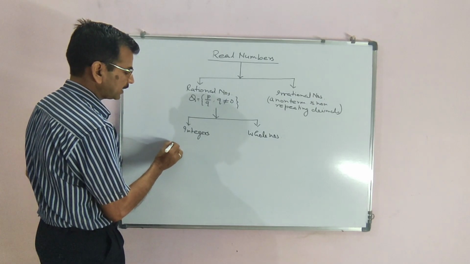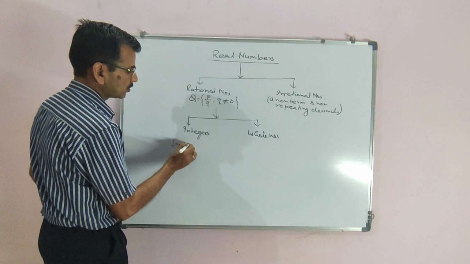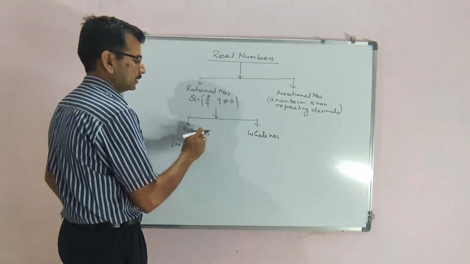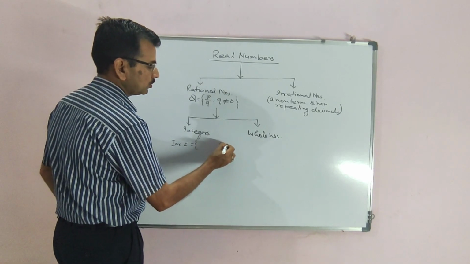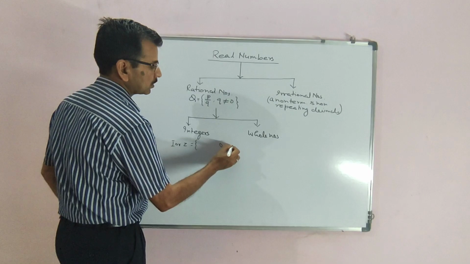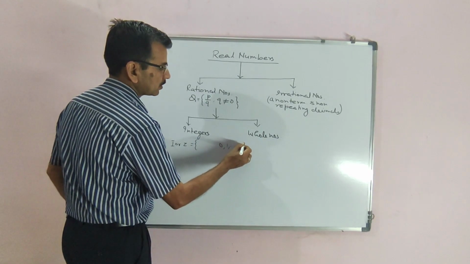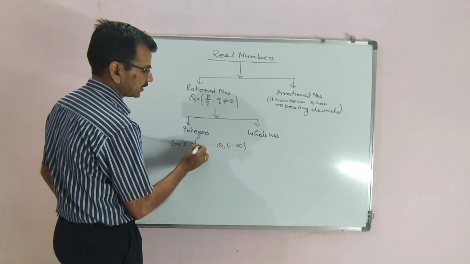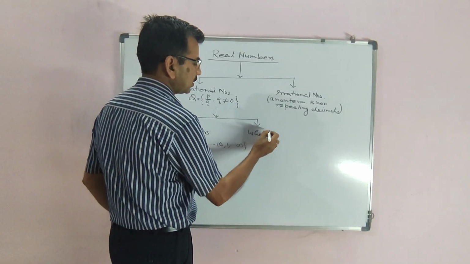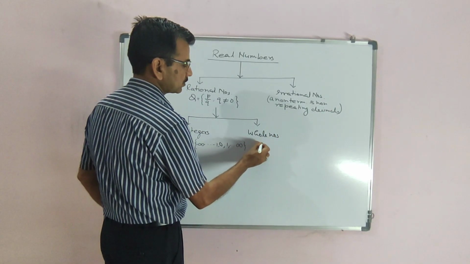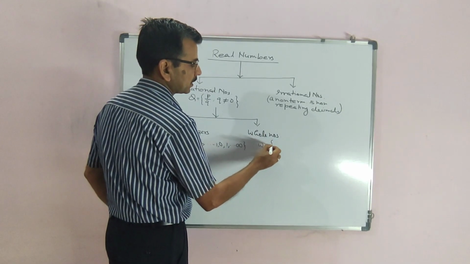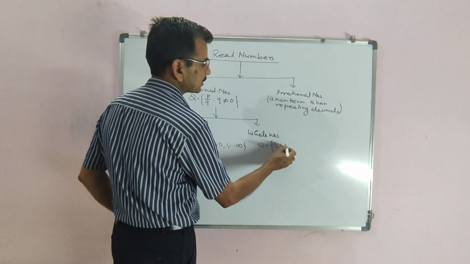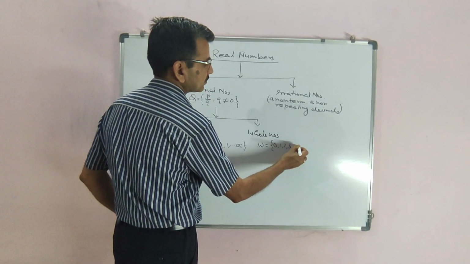Integers we denote by I or Z, and this includes zero, positive numbers to the right of zero, and negative numbers to the left of zero, up to minus infinity. Whole numbers we denote by W, including zero and all positive numbers: 1, 2, 3 and so on.